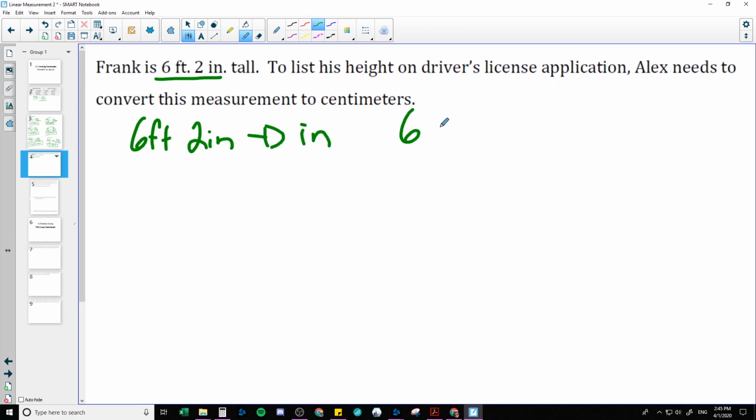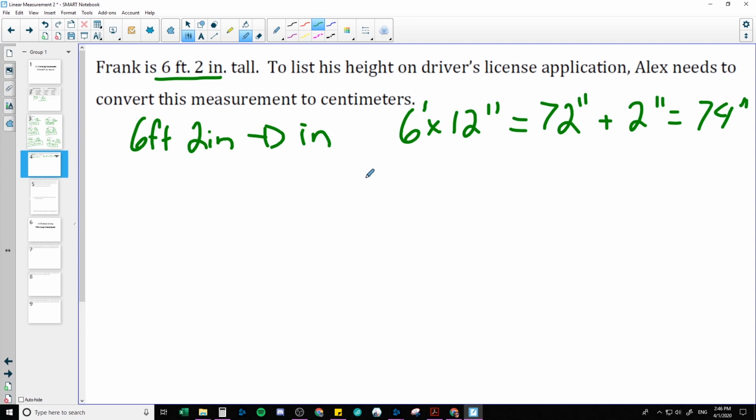Okay, so 6 feet, how many inches in a foot? Well, there's 12 inches in a foot. Okay, 6 times 12 is 72. 72 inches plus 2 inches is 74 inches. Okay, so now we've got this in a number we can actually use. 74 inches, we want to know how many centimeters is that?